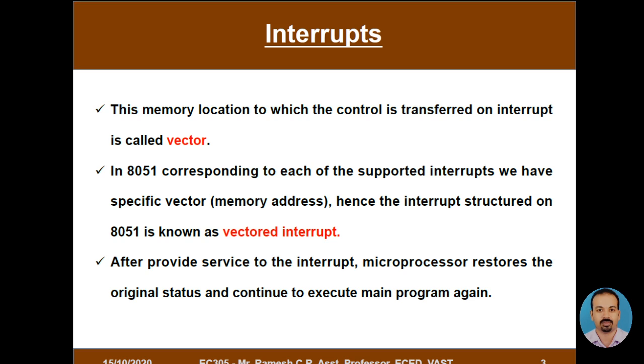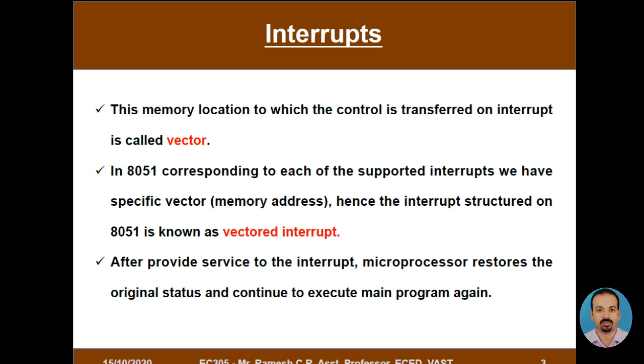If for each of the interrupts supported by a microcontroller or a microprocessor we have such specific addresses which have to be visited in order to service that particular interrupt request, we say that the microcontroller or microprocessor possesses a vectored interrupt structure.